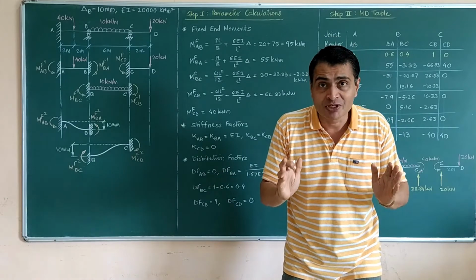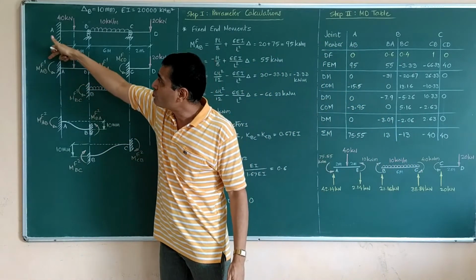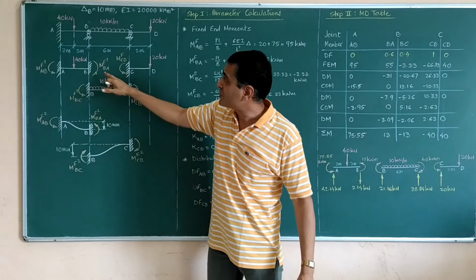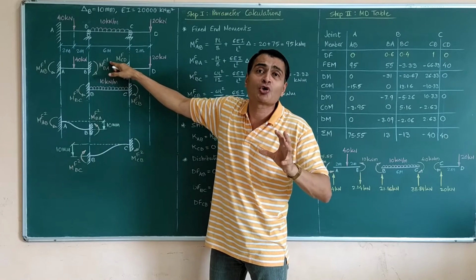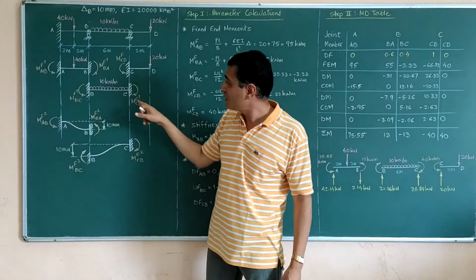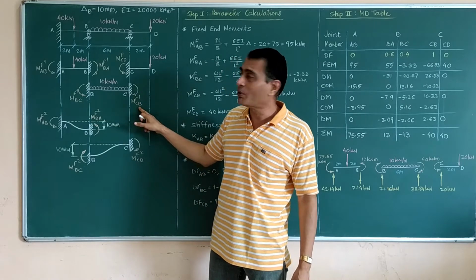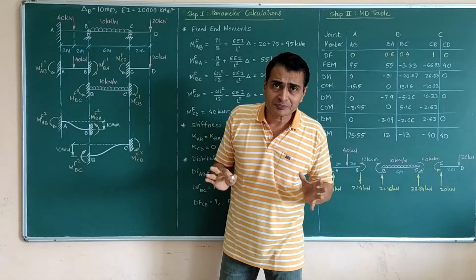Loads are load, span loads. So this is MFAB1. This is MFBA1. That means this is my part of the total calculation. This is MFBC1, this is MFCB1, and then we have MFCB.